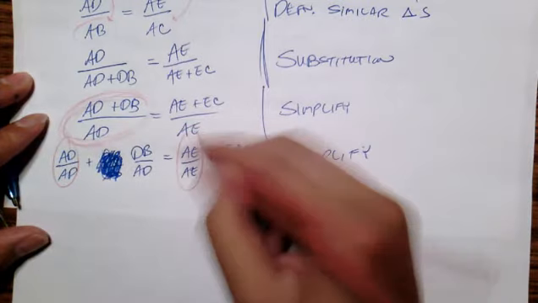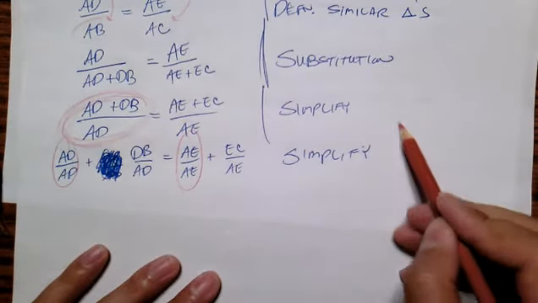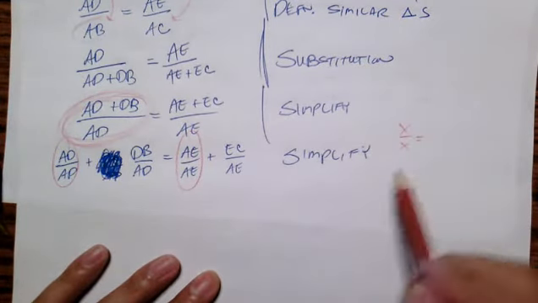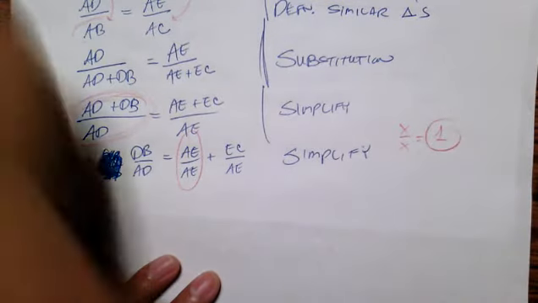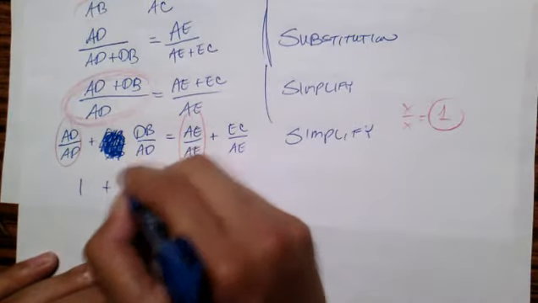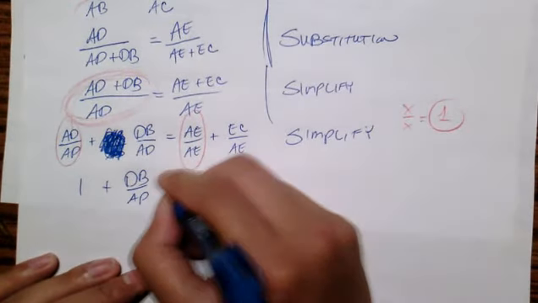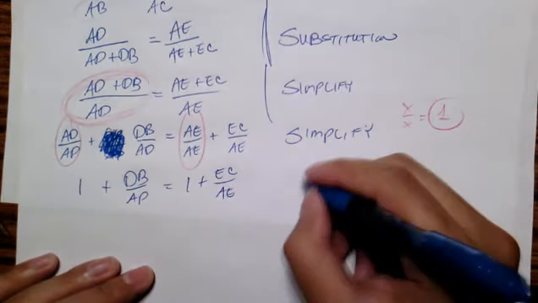That's easy. Here's a side note: if I have x over x, what's x over x really? It's 1, because the top and the bottom are the same. So what you essentially have right here is 1 plus DB over AD equals 1 plus EC over AE, which would be simplify again.